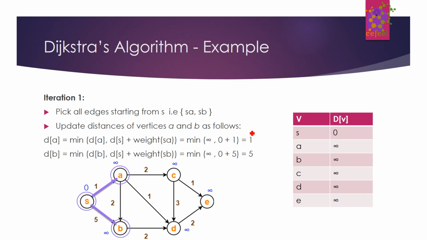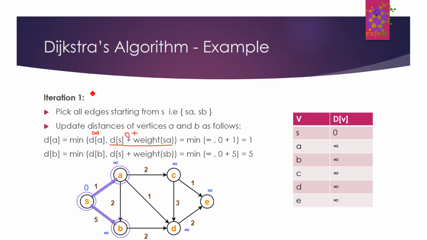So in short, what it means is distance of vertex A is whatever the previous value was, which means infinity, and whatever the new path that I have deciphered. We have to just find a minimum between both. Now the earlier distance of A was infinity, and the new path that we have discovered through S, that is dS plus SA, has weight 0 plus 1.